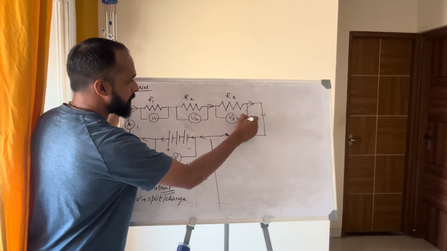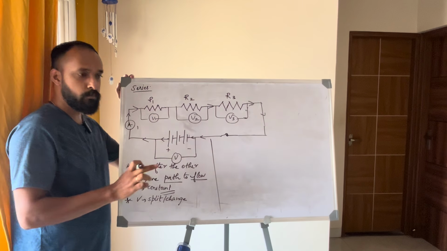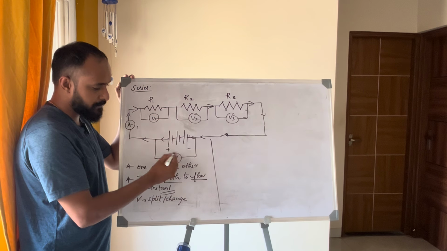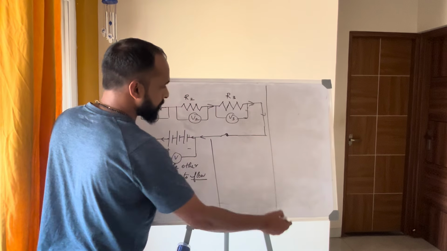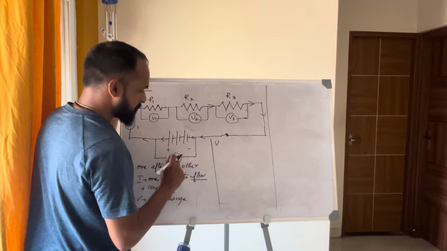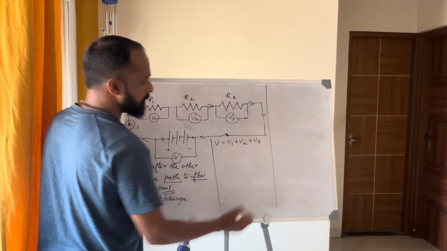Technically, V1, V2, V3 will not be equal to V. They must have different values. That is the basis of this approach. So I'll start building an equation stating that total voltage V is equal to V1 plus V2 plus V3.